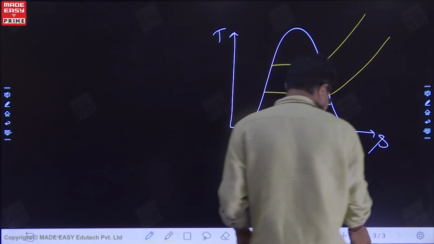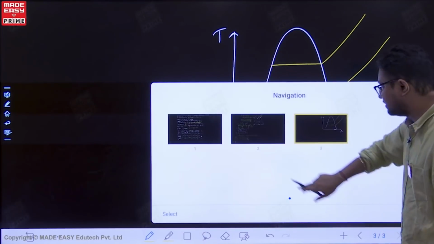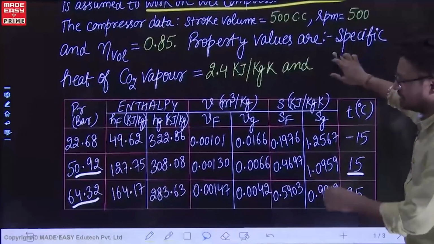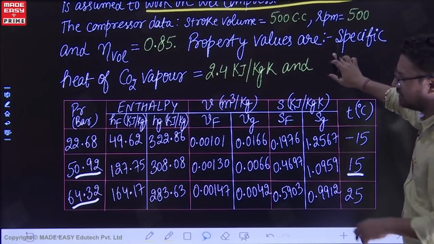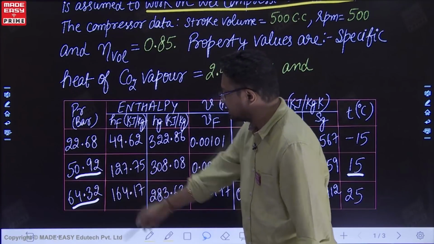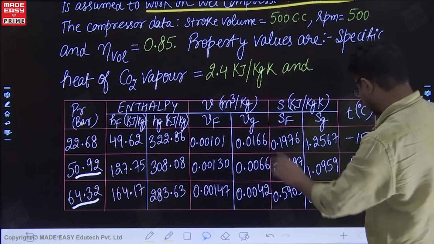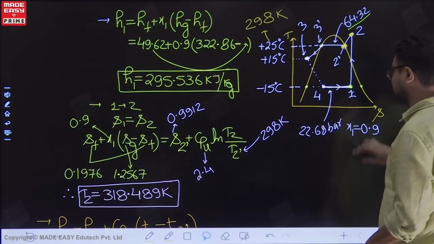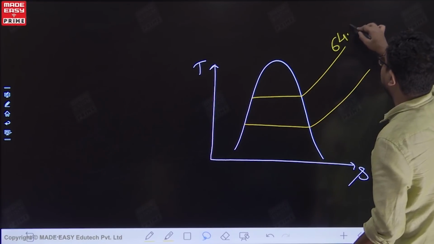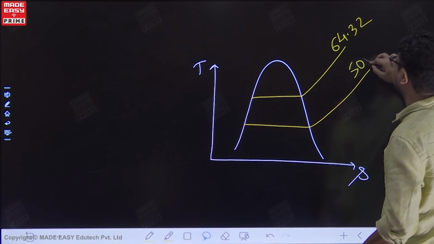Let me take the pressure values given here, 64.32 and 50.92. These two pressure values I am taking, 64 point something and 50 point something.